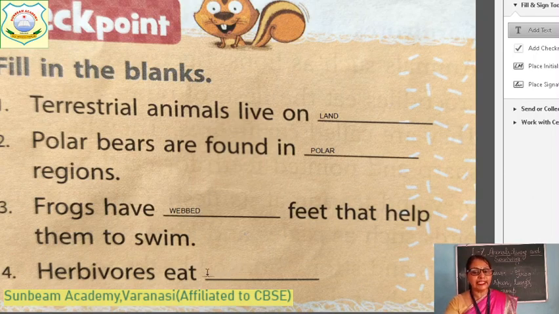Herbivores eat plants and plant products. What are plant products, beta? Different types of vegetables which we eat, grass. These are plant products.